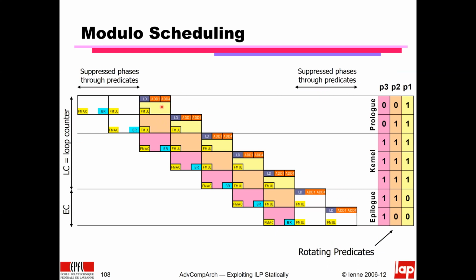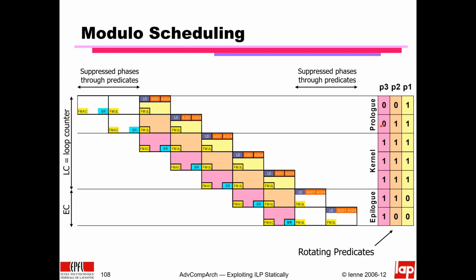And how do you avoid the prologue? You actually execute a couple of cycles more the complete body of the loop. So this is my loop. Here is repeated the same loop, and here is repeated. But when I'm doing the prologue and I'm not doing everything, how do I not execute this part? I'm going to use my predicates to achieve this result.